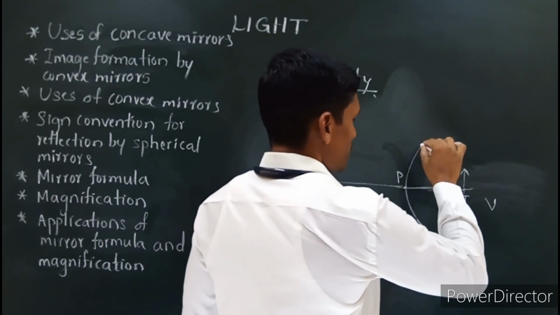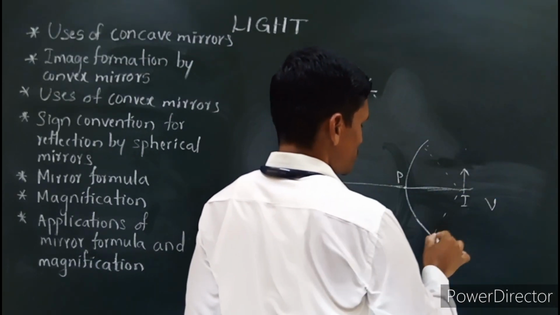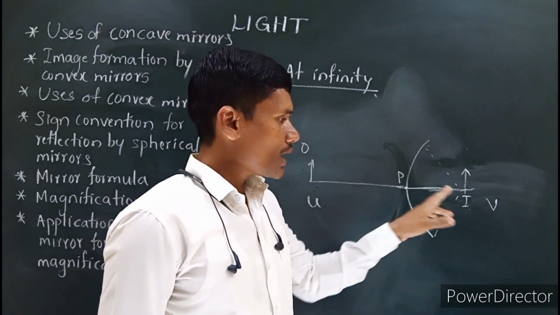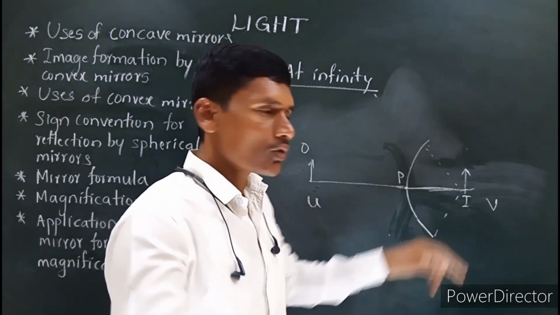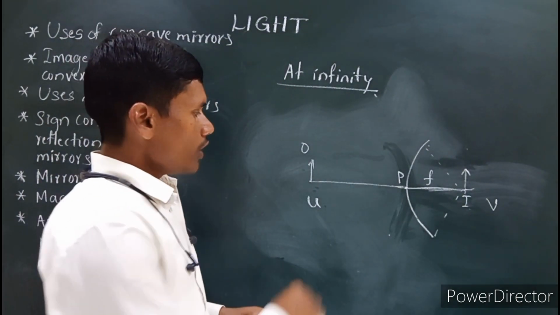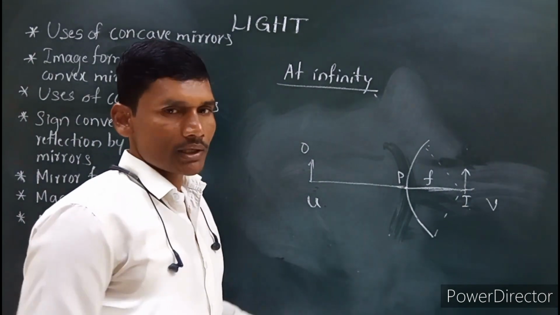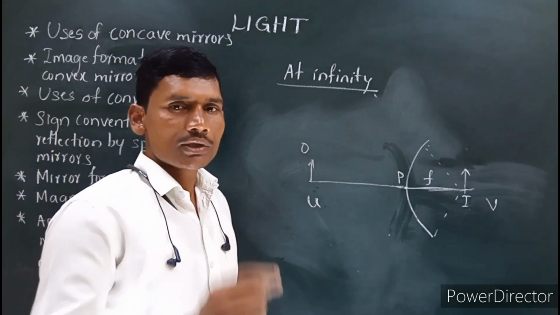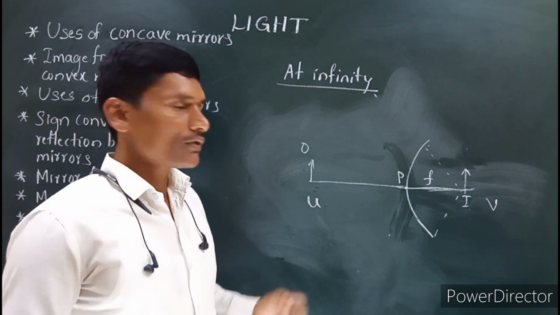Now, this will have a principal focus. The distance between the pole of the mirror and the principal focus is called the focal length of the mirror, as we already studied. All these three quantities are related with one formula, called the mirror formula.